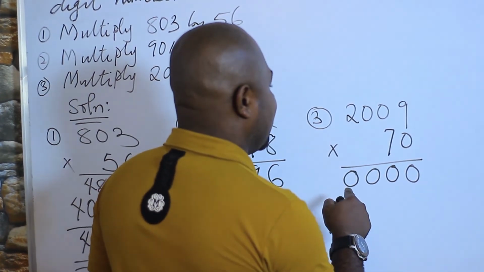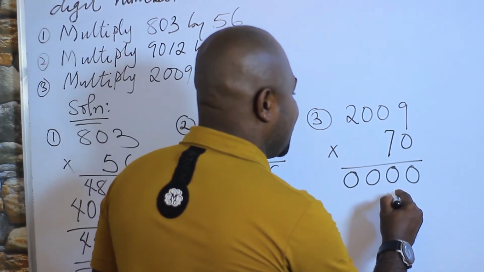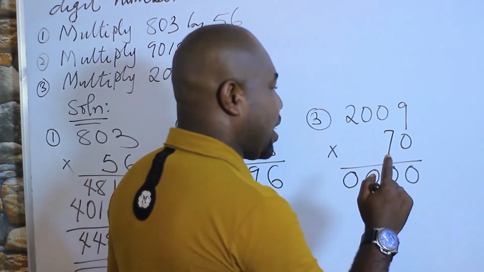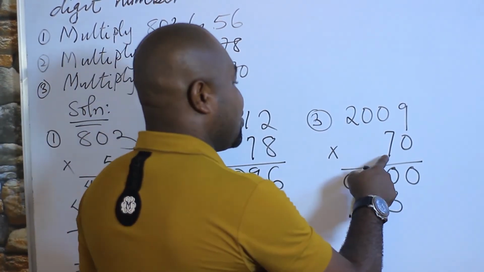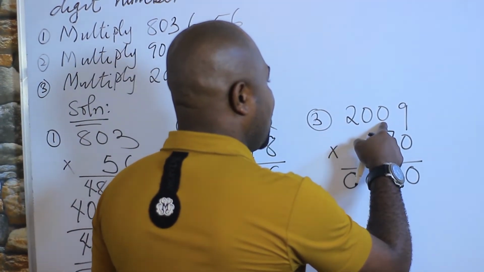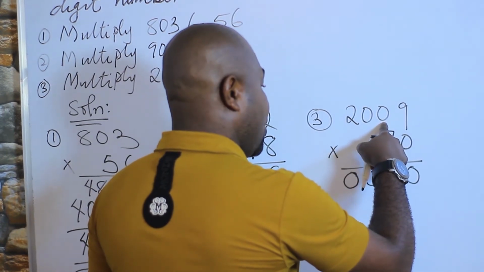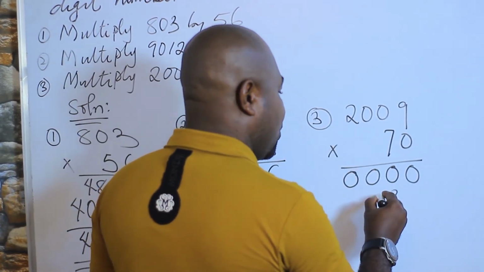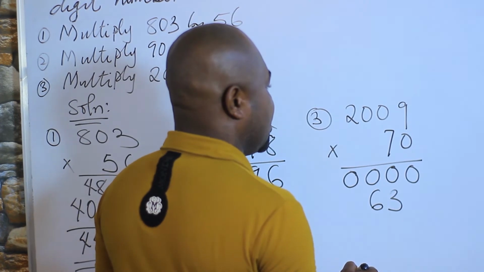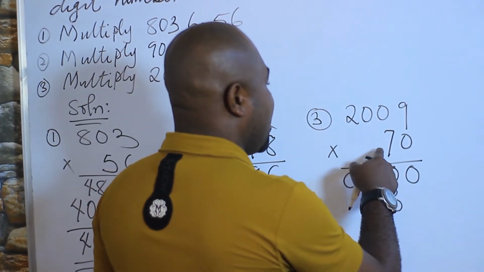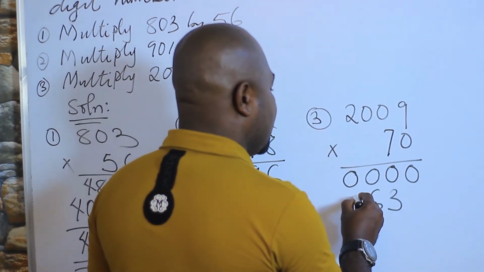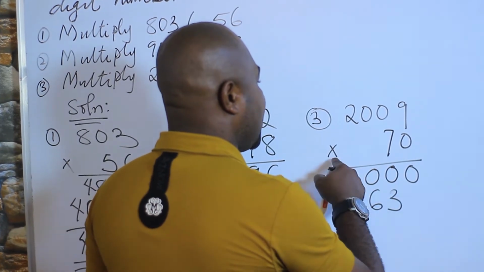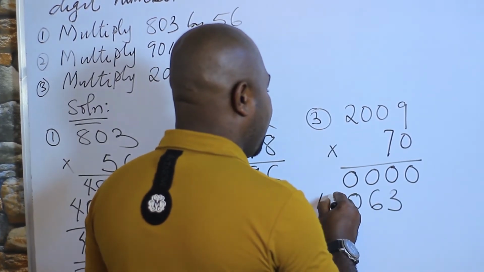We begin with 7. 7 times 9 is 63. We write 3, we carry 6. 7 times 0 is 0. Plus the 6, we write down 6 here. 7 times 0 is 0. 7 times 2 is 14.